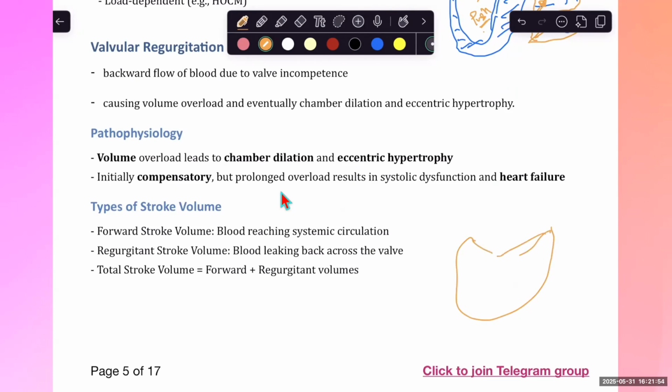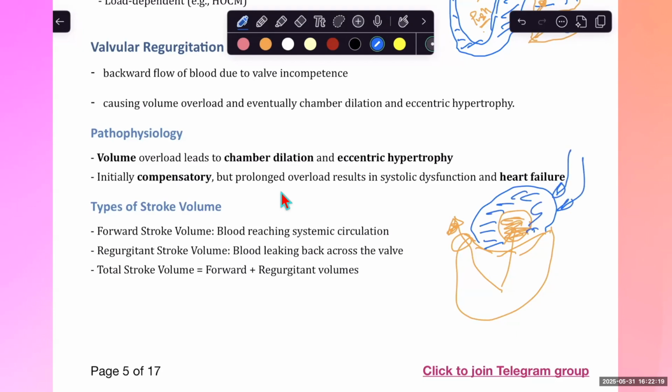When the heart is in systole, all the blood should go through the aorta. But if we have some regurgitation, some of the blood will return to the left atrium, while another amount is coming from the pulmonaries.